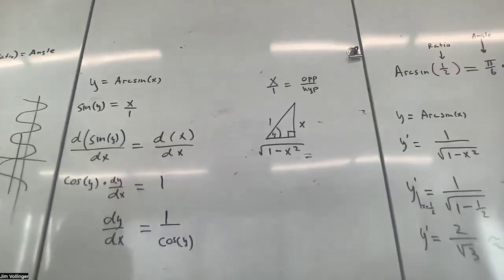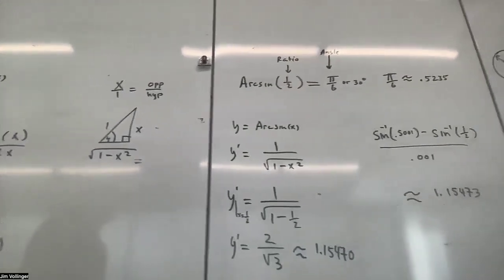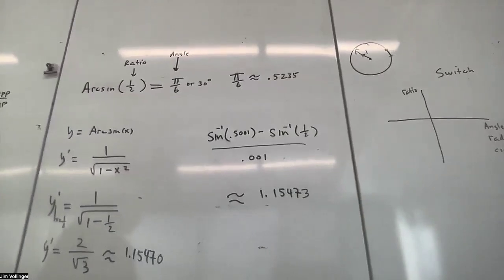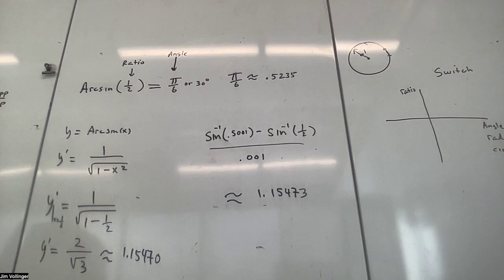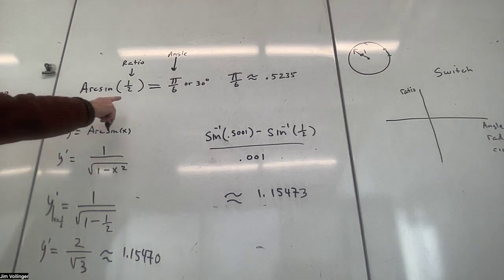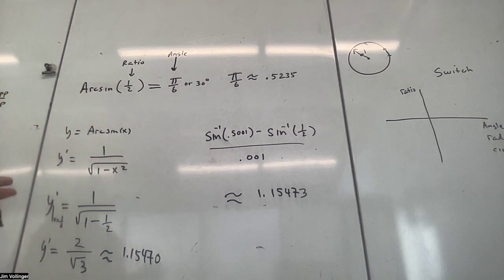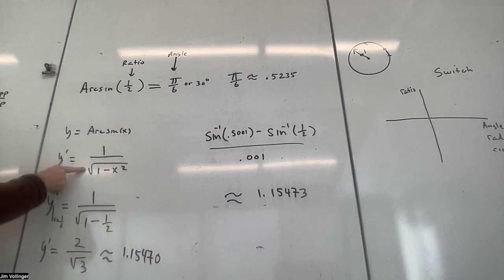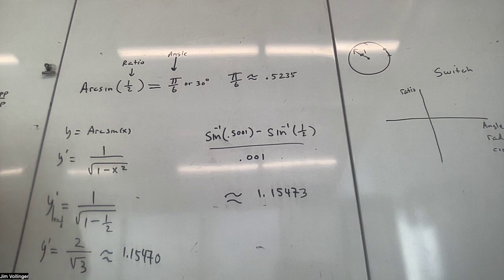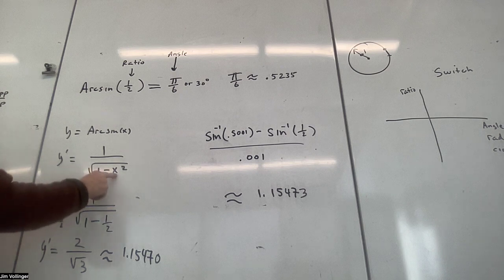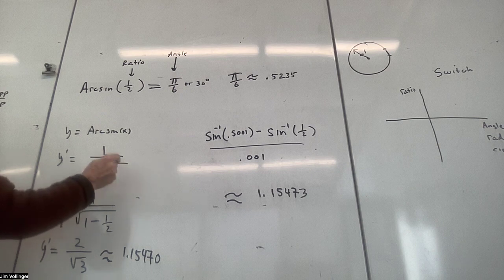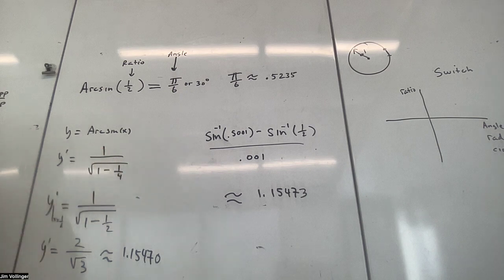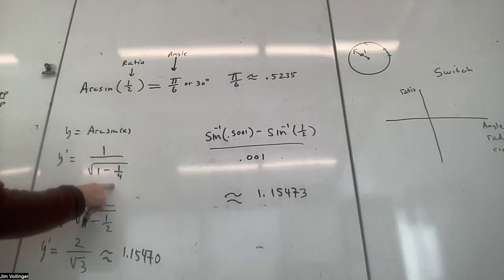All right. So where are we going with this? Let's actually look at the arcsine of a half. I wanted to do it numerically. So the arcsine of a half, the derivative we just found is this. And if you plug in 1/2 and you square it, you get a 4th, which means that we have the square root of 3 over 4, right? 1 minus 1/4 is 3/4.